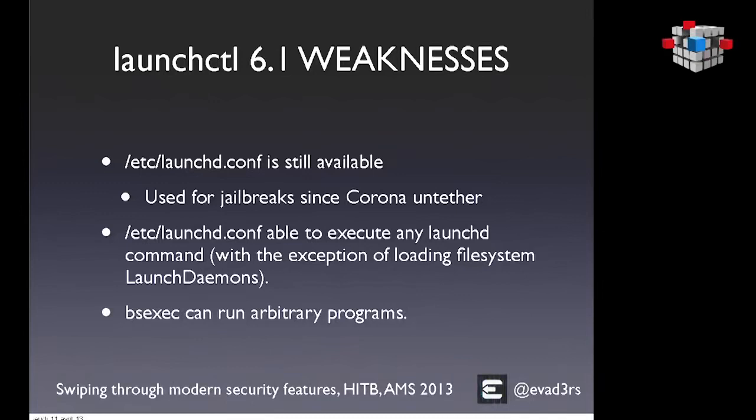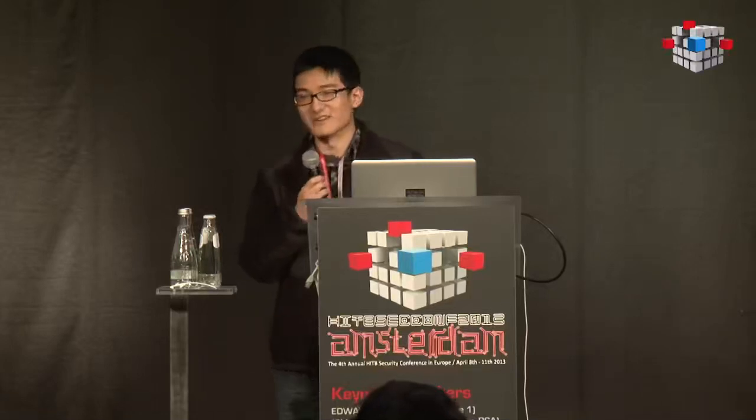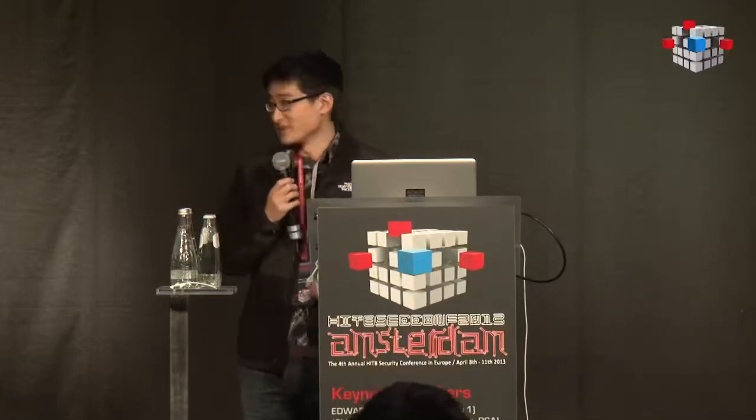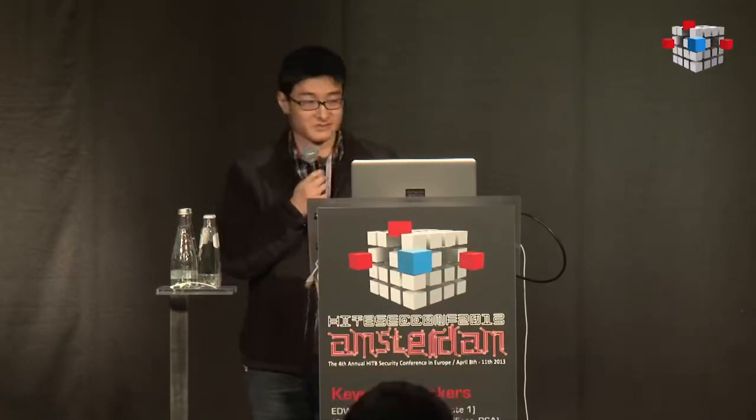We've been using this file as the linchpin of our untethered jailbreak since at least the Corona untethered jailbreak. If you're able to write to it, you can execute any command that launchd can execute. launchd is basically the first process that gets executed in iOS.